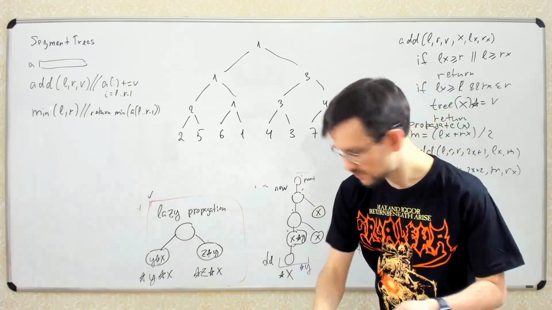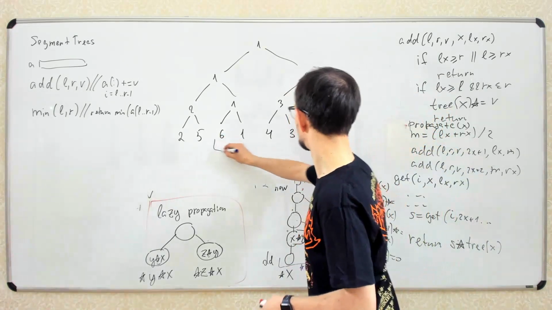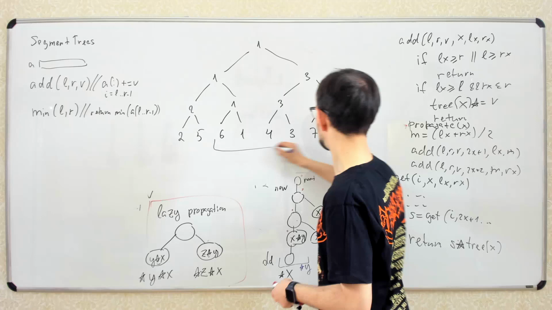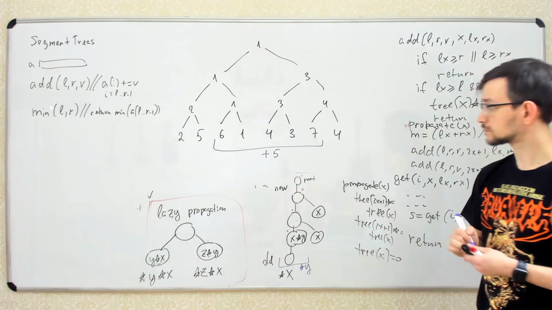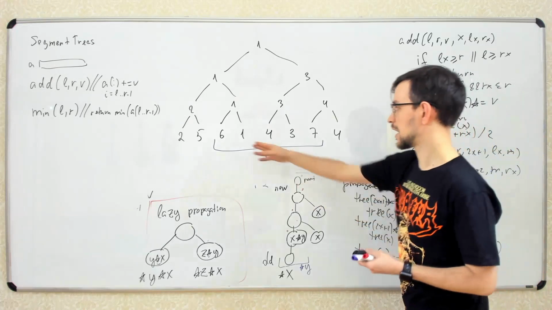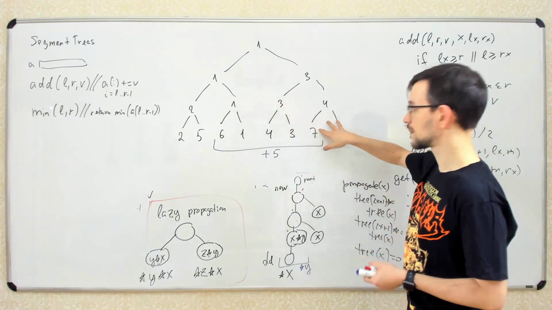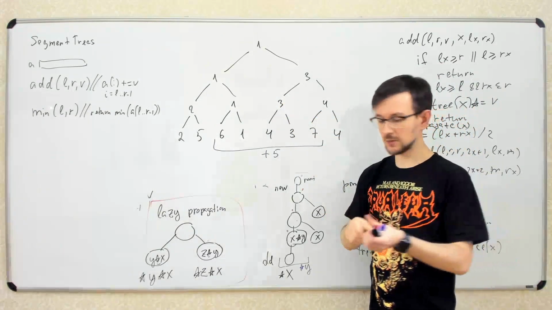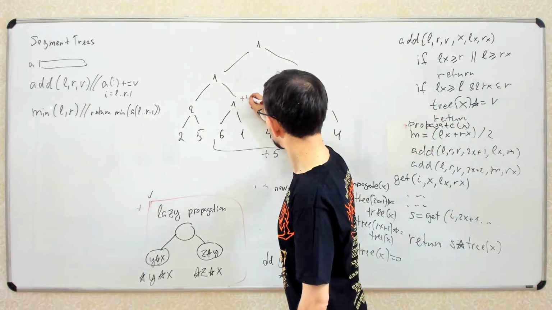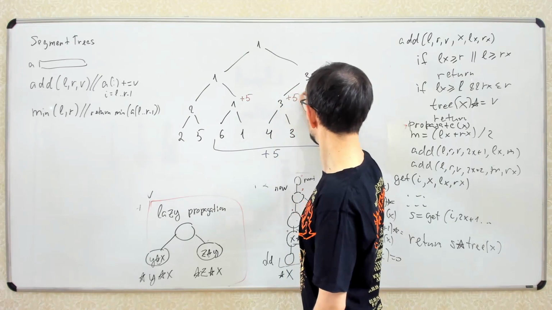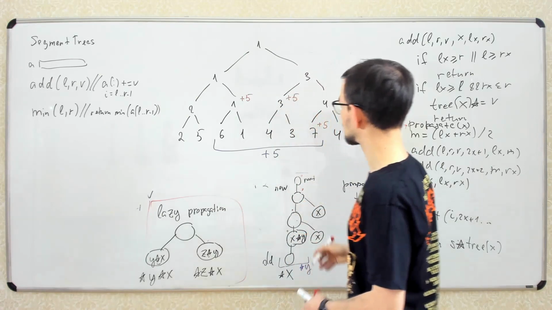Again, let's perform the same operation. Let's take this segment and add 5 to it. What happens when we add 5 to this segment? Again, we will find the same three nodes and add 5 to this segment. So we add 5 here, plus 5 here, and plus 5 here.